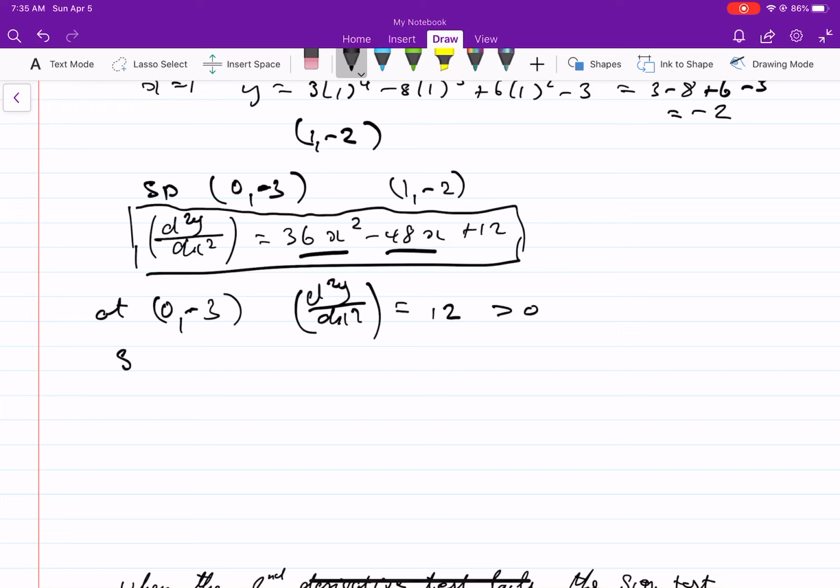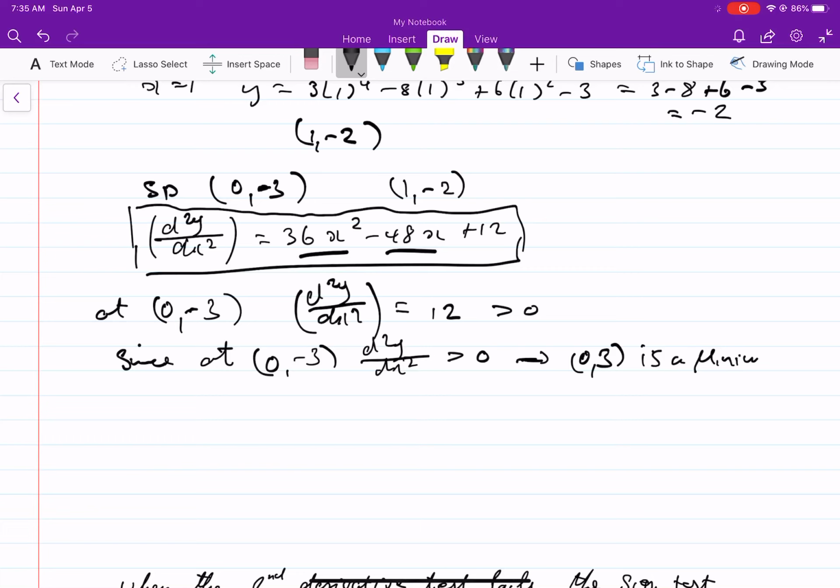Conclusion: since at 0 and minus 3, d squared y upon dx squared is greater than 0, it implies that 0 and minus 3 is a minimum stationary point.